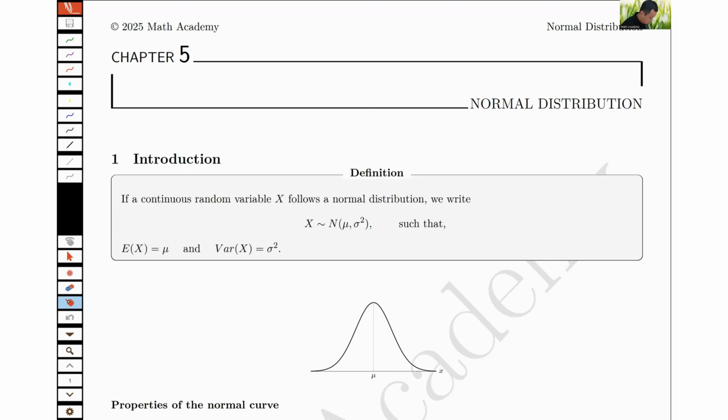Okay, let me first do a quick comparison with what we have in the earlier parts of probability. So far, when we calculate probabilities and you have a variable, we always write a certain number on the right-hand side. For example, you may have P(X = 5), you may have P(X = 3), and so on.